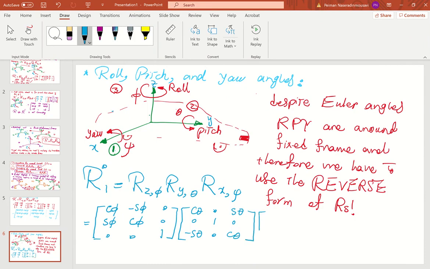Now these are trivial for you because you know how to find the directional cosines. This is 0, cosine psi, sine psi, 0, minus sine psi and cosine psi, right?